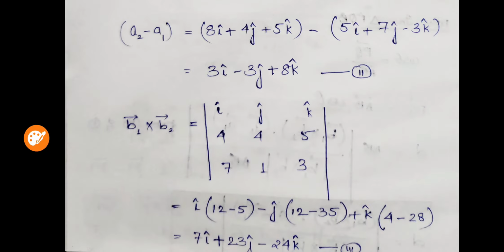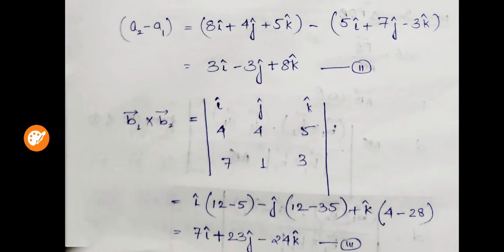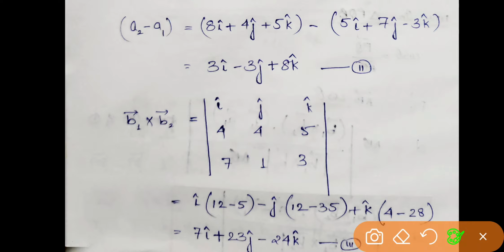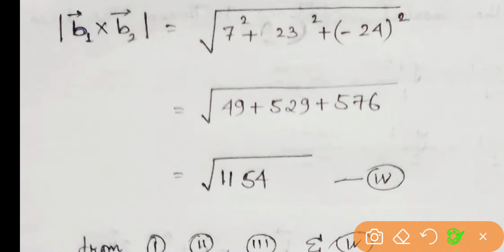Then I will find this and then find its modulus. See here, b1 cross b2, how do we find? Cross product we know, ijk, and then we write the direction ratios. Similarly we solve and then get b1 cross b2. Now we need to take the modulus. How do we take the modulus? Finding magnitude. So square the direction ratios and then add them.